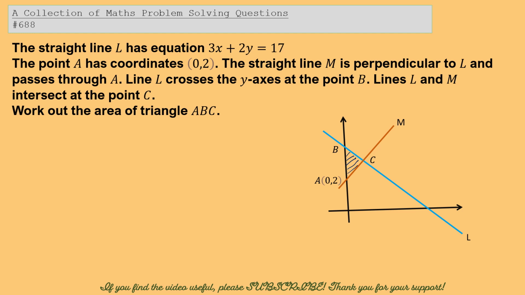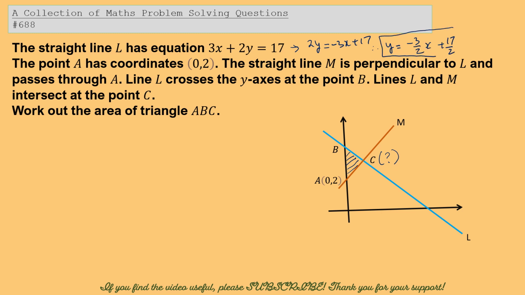So for that we need to find the point C and the point B. The point B is easy to find out. Equation L can be rewritten in the form y equals mx plus c. So 2y equals minus 3x plus 17, and therefore y equals minus 3 out of 2 x plus 17 out of 2.